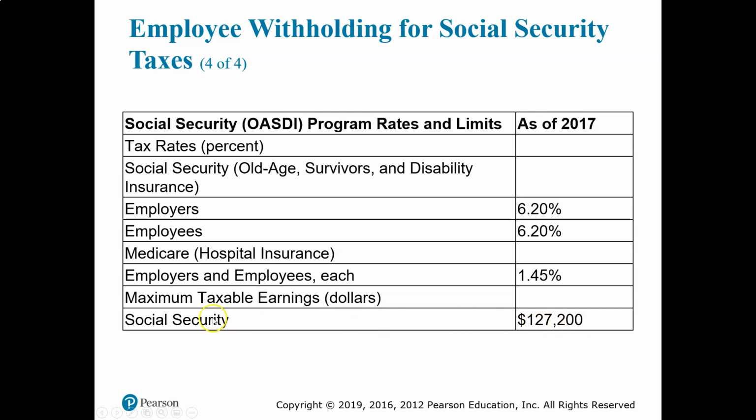So the employer only has to pay up to like 138,000 a tax in here. Okay, so there have been a few changes since 2017. Our book's a little outdated.